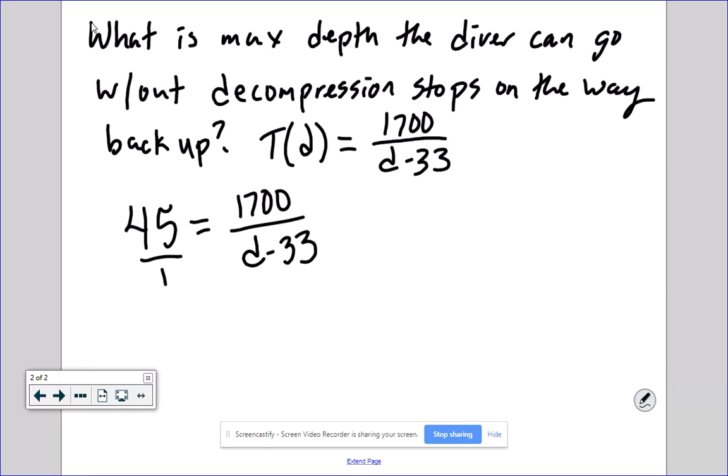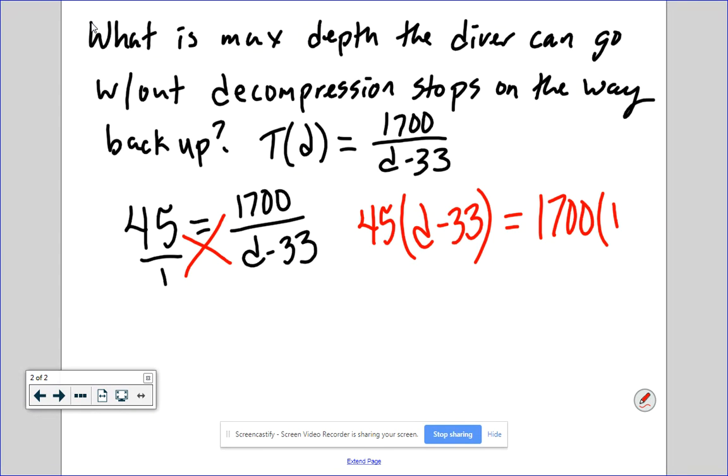I put 45 over 1. Because really, when I have 45 as a whole number, what is that as a fraction? 45 divided by 1, right? Then I can cross multiply. So if I cross multiply, I get 45 times D minus 33 equals 1700 times 1. So literally, you cross multiply.